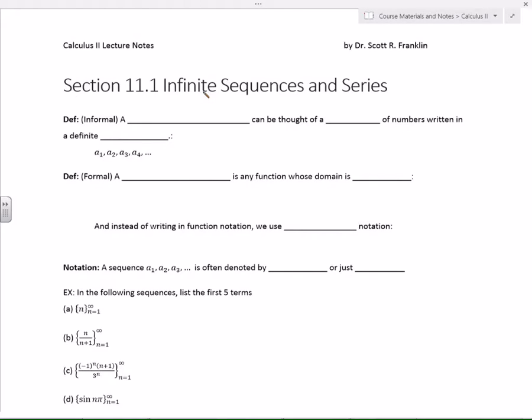So a lot of what we will do in chapter 11, we will learn the techniques, and I will say this is how this test works. When I say a test, I'm talking about tests for convergence. When we talk about infinite sequences and series, we're wondering what happens as n goes to infinity, or as the number of terms in your sum in your series goes to infinity.